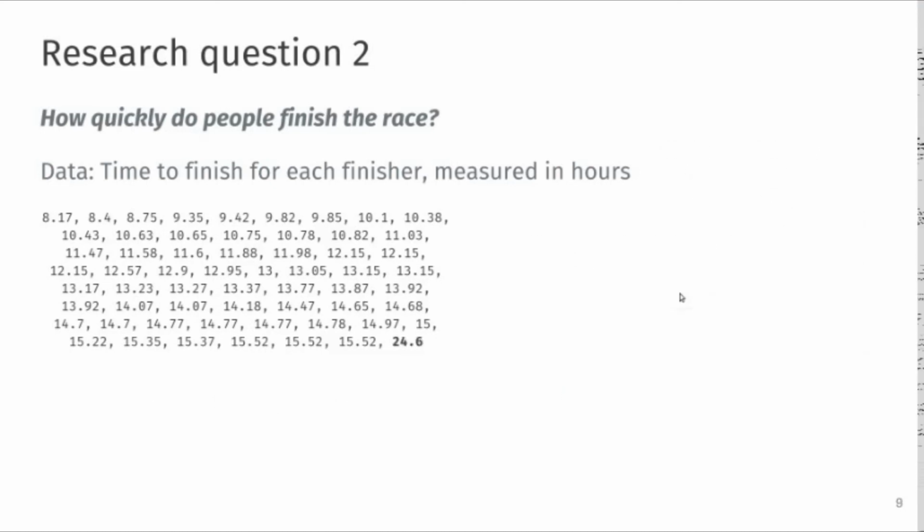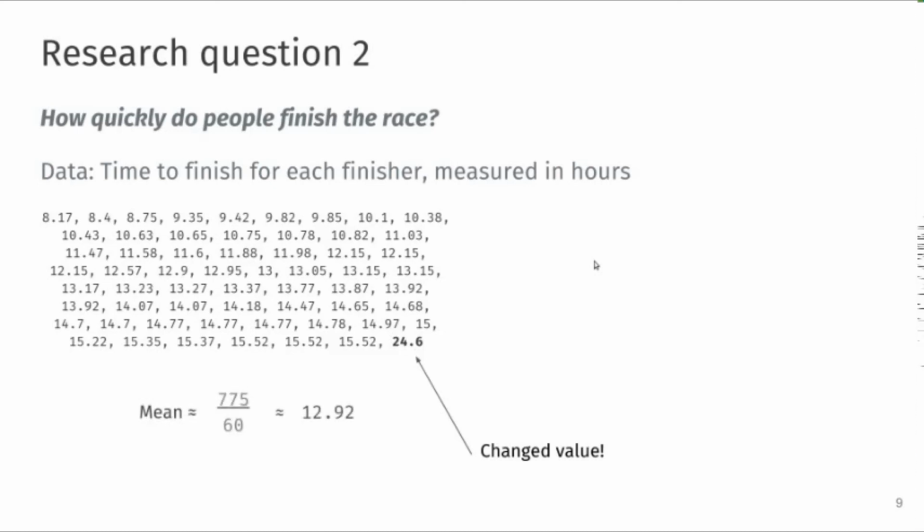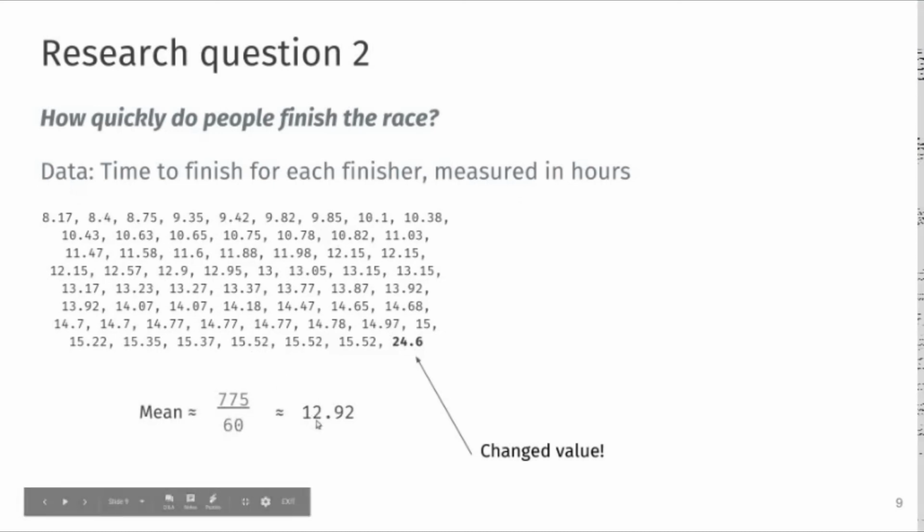To illustrate how the mean can be strongly influenced by each value in the data, let's do what we did last time and pretend that the slowest finishing time was actually really, really slow. Let's say it was over a day, 24.6 hours. In that case, if we take out our calculator, add up each of these numbers, and divide that sum by the total number of observations, which is 60, we get 12.9 and some change hours.